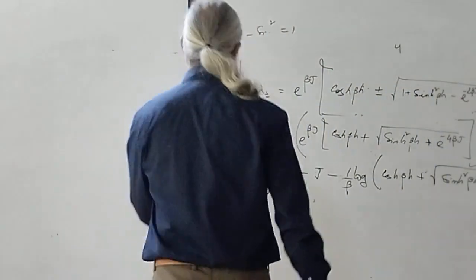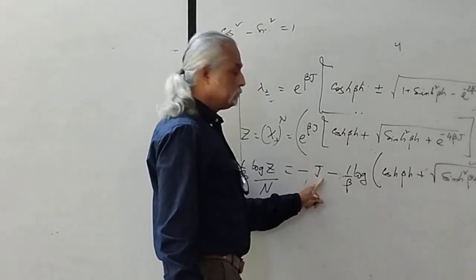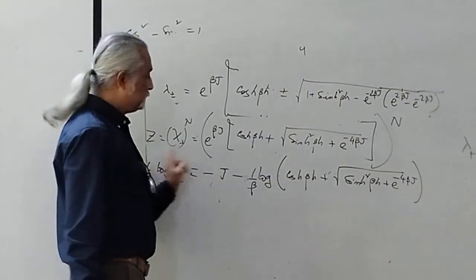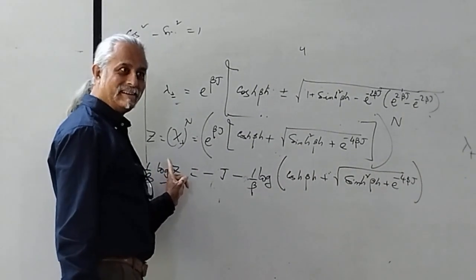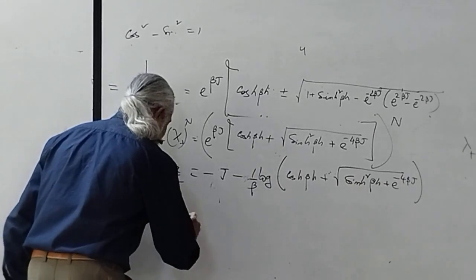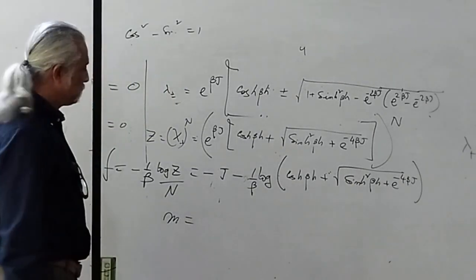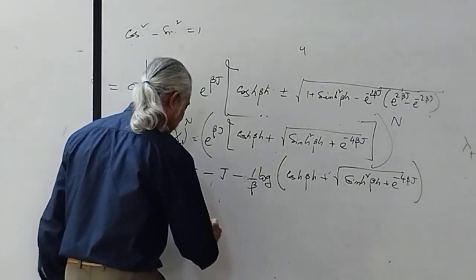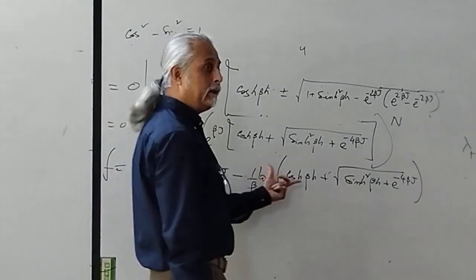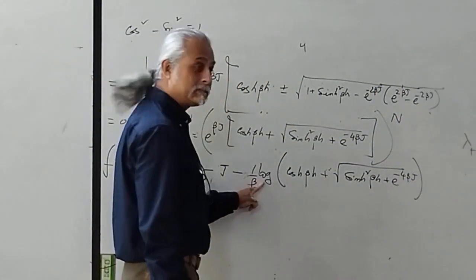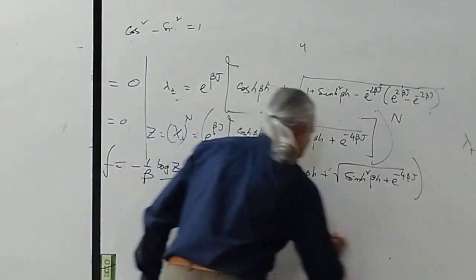Del F by del H, this one, 0. Since there is a minus sign, this minus and that minus will cancel out. So M equal to 1 by beta del, it has divided with respect to H. That is the log, so it will go below.